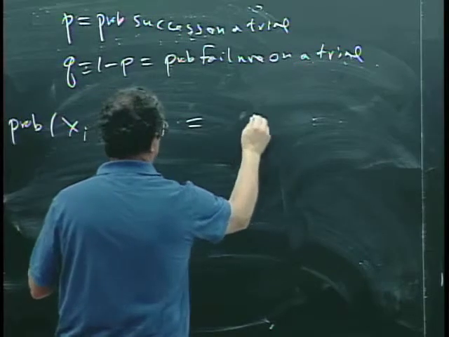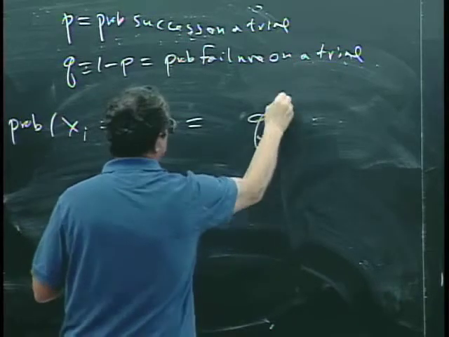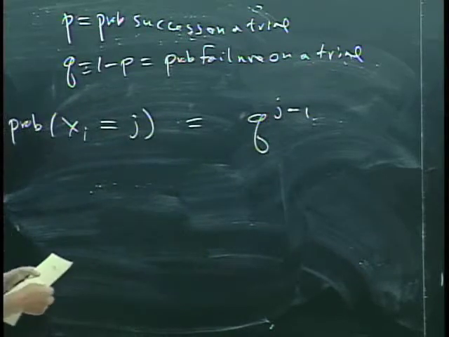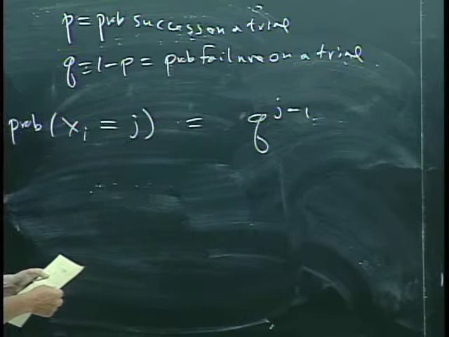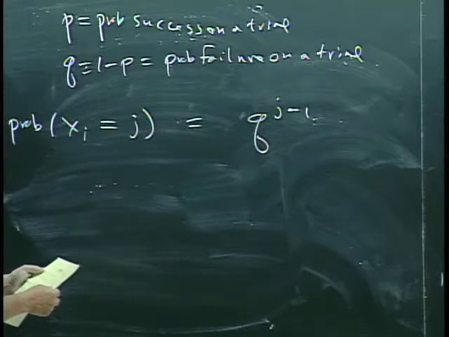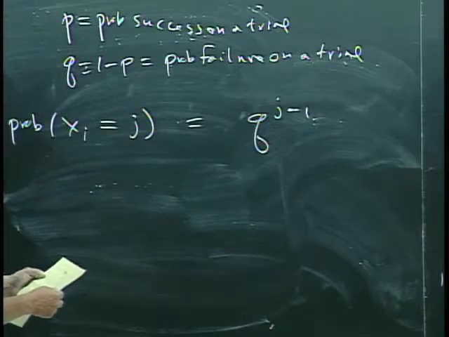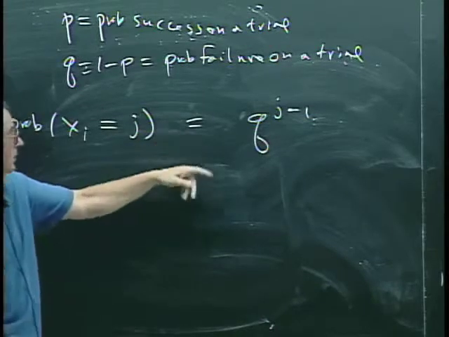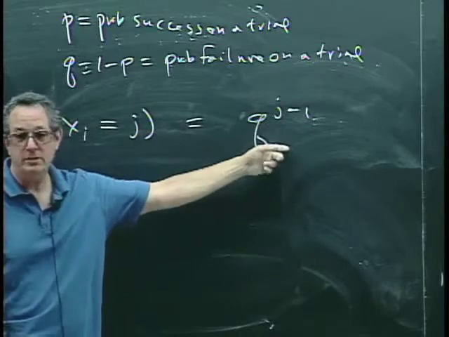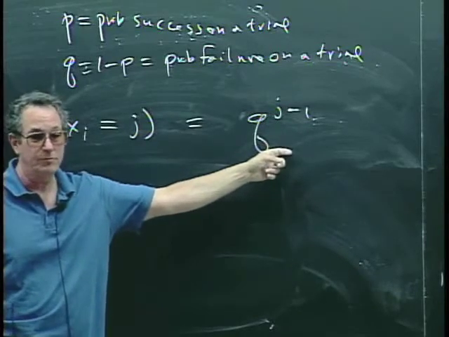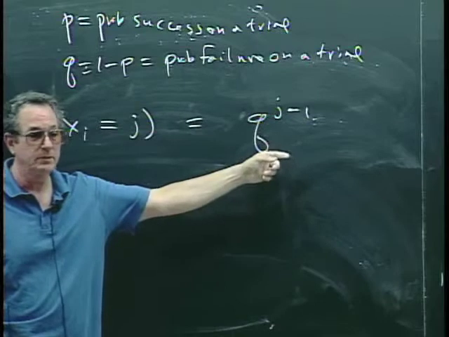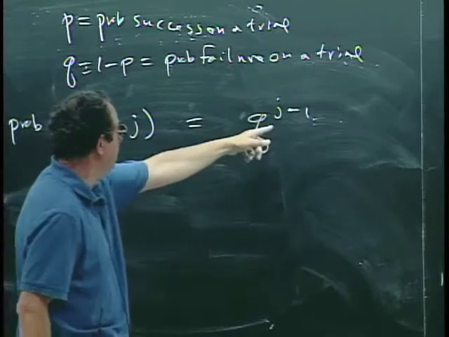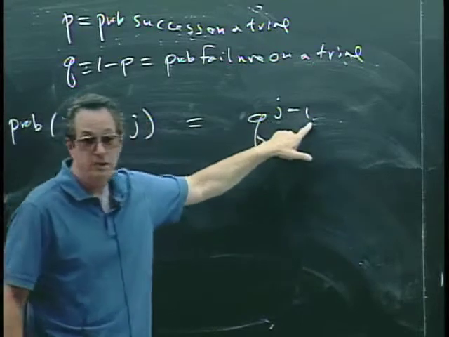Actually, this won't answer that question, but okay, let me just show you what I have here. j minus 1. Oh, no, it does. It does. Sorry. Okay, well, I may have a little error in my notes, but what does this suggest now? Before. Yeah, you're going to fail j minus 1 times.